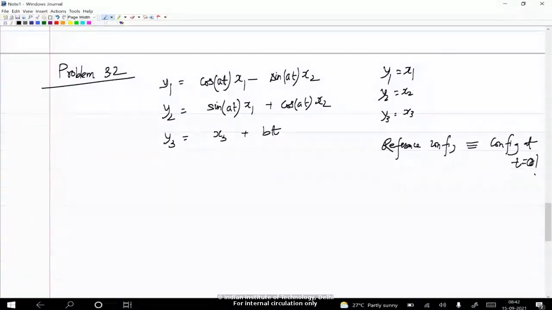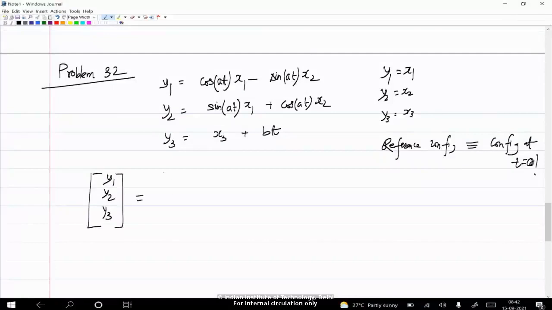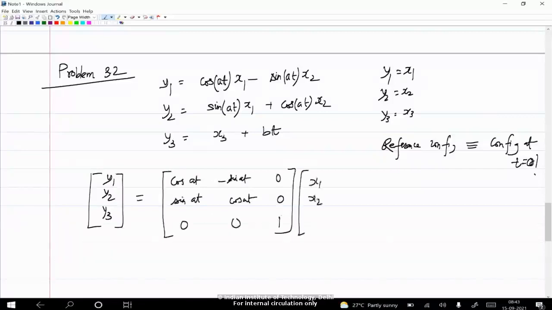Now can someone tell me what kind of motion this is? Mano is already saying it's helical. Anybody else? Can you see that it is helical? The way to see this is I could also write it as y1, y2, y3 equal to the matrix cos at, minus sine at, 0; sine at, cos at, 0; 0, 0, 1, times x1, x2, x3, plus 0, 0, bt.